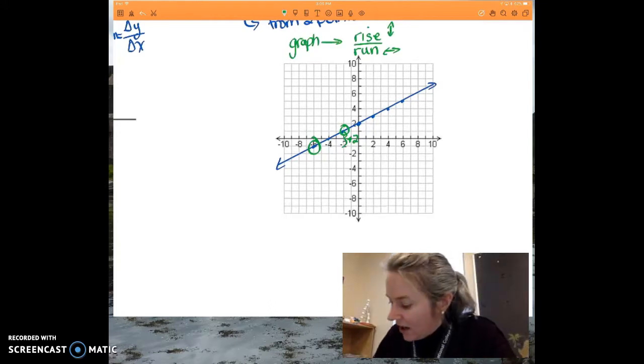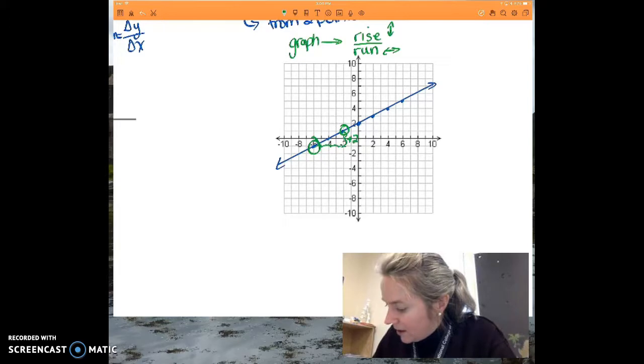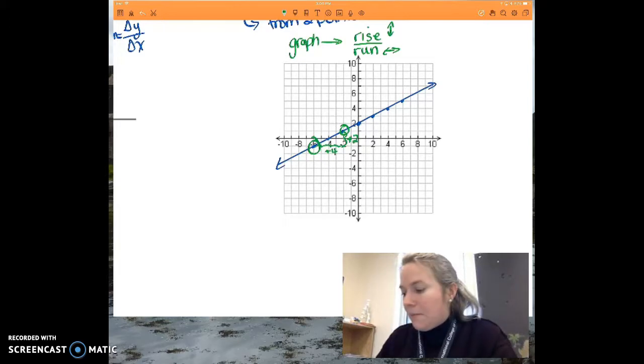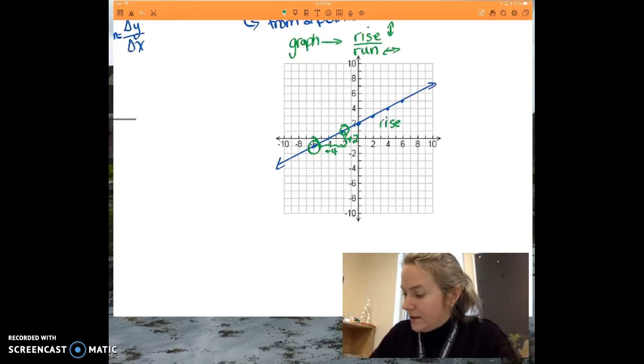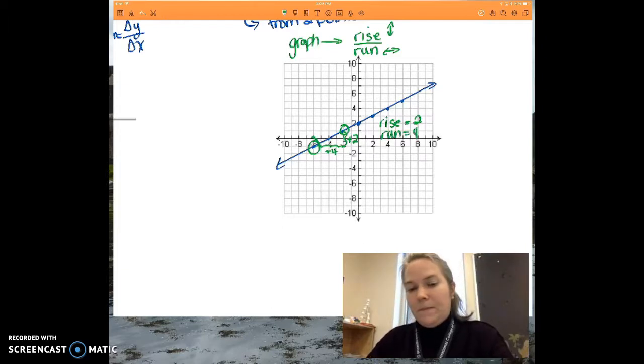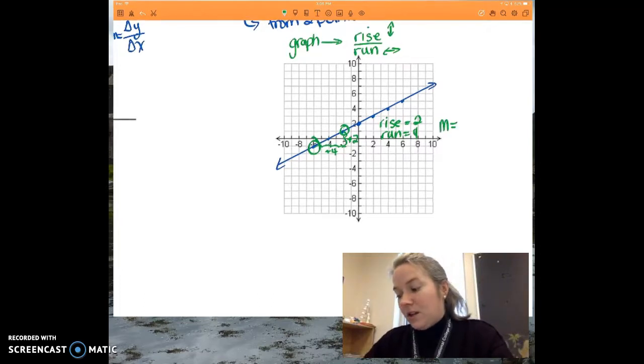And what's the change in x? Between those 2 points, I move positive 4. So my rise is 2 and my run is 4, both positive. So m here equals 2 over 4.